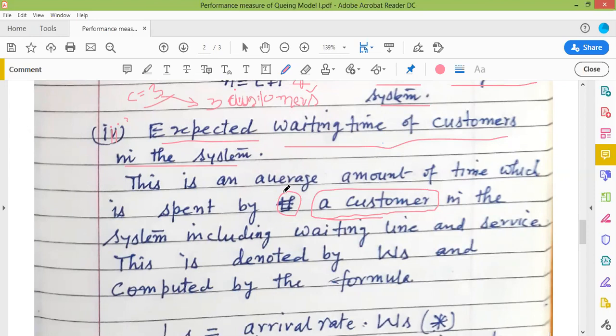So this is per individual customer, in the system, including the waiting line.